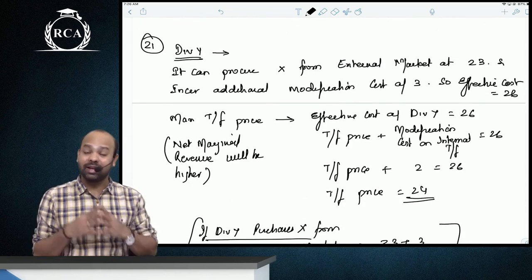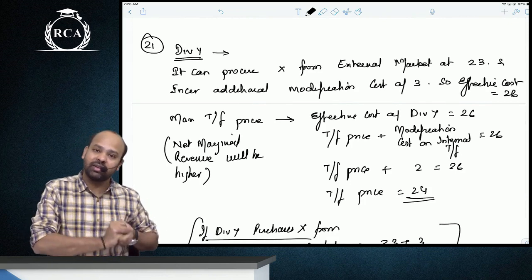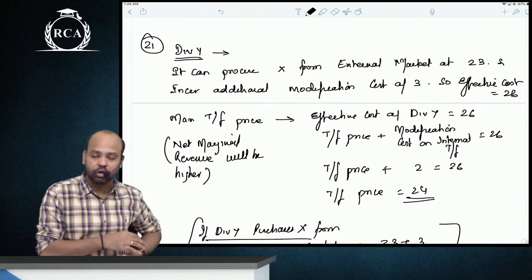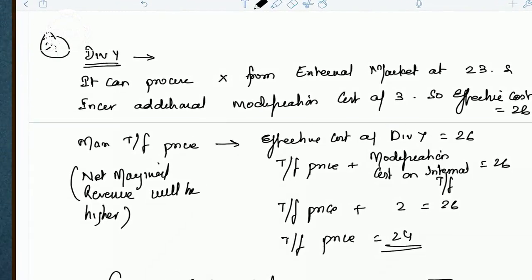Write this guys, then I will talk from the viewpoint of division Z as well. Once we finish division Z, we will be moving on to division X. Please write this, all of you.